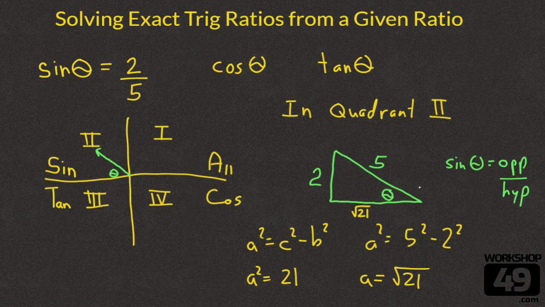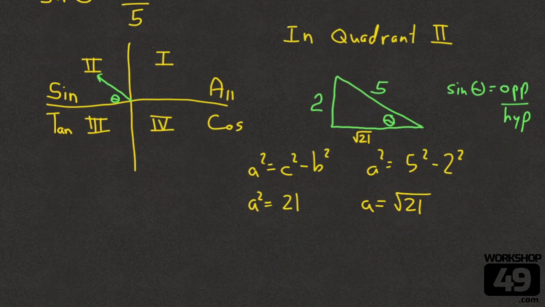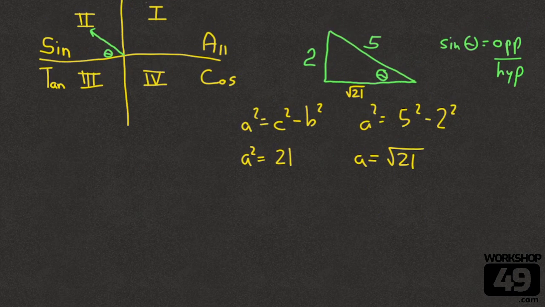I'm just going to give us a little bit of space here, and then we are going to finish this off. We now have all of the information that we need to get a final answer. Our cos of theta is always going to be equal to our adjacent over our hypotenuse.